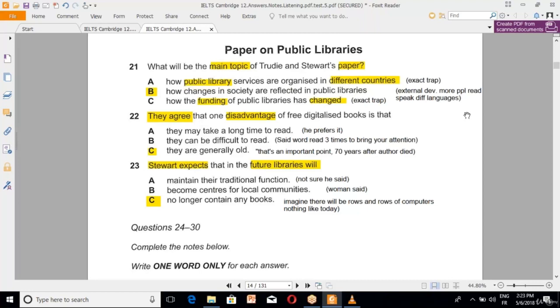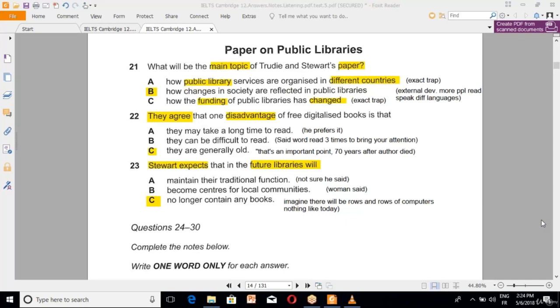Some of you were asking me about the strategy for multiple choice questions. That's it. That's the strategy for multiple choice questions. You have to be able to recognize synonym language. Okay, you have to be able to recognize that. Okay, so does anybody have any questions about multiple choice questions?